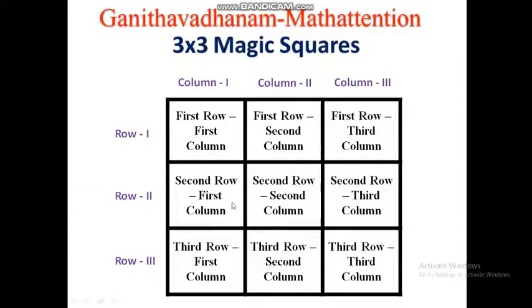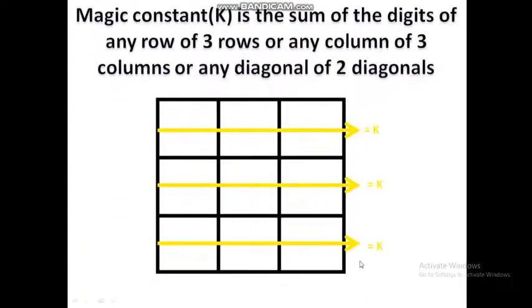This is second row, second column, so it is the 2 by 2 box. In the same way, it is the 1 by 3 box, the 3 by 2 box, this is 3 by 1, third row, first column, and this is the 3 by 3 box.